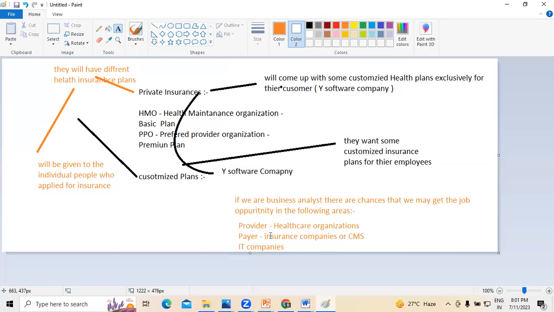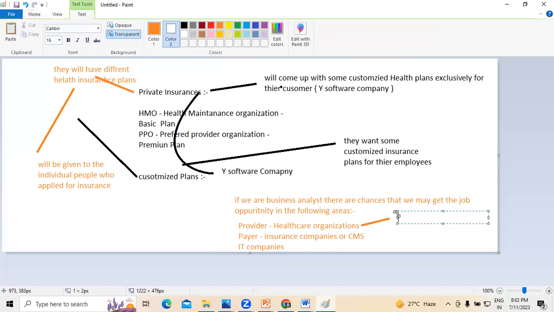Why? Because if you take healthcare organizations, they use different applications. Different applications like Epic software. You might have heard about this, right?